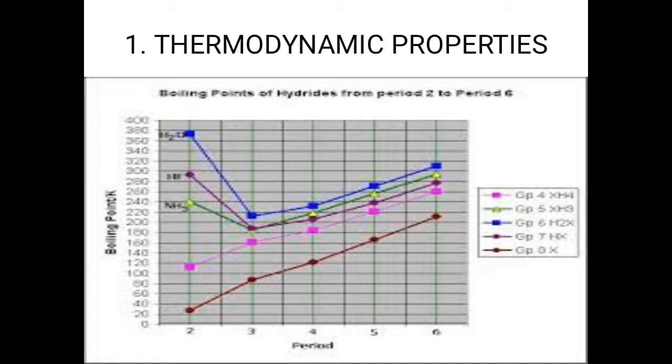And you see the graph is plotted, with the boiling points on the y-axis and the period number, which is the row number in the periodic table, kept on the x-axis. Now we see the graph of period number 2.